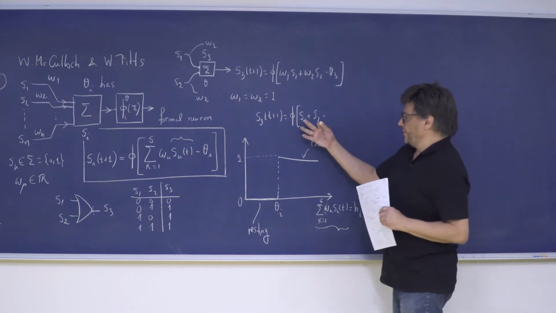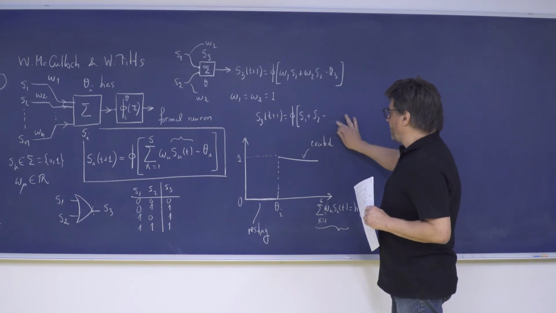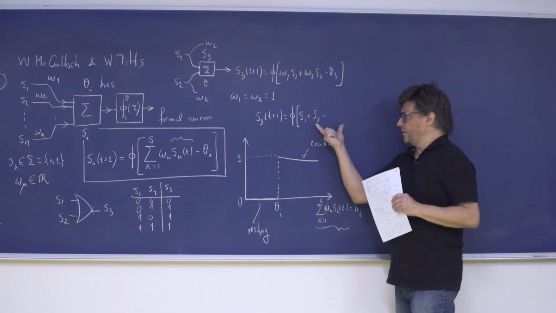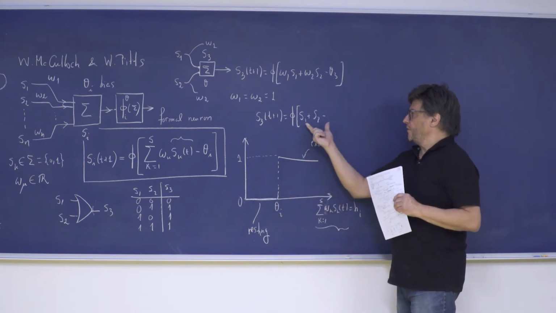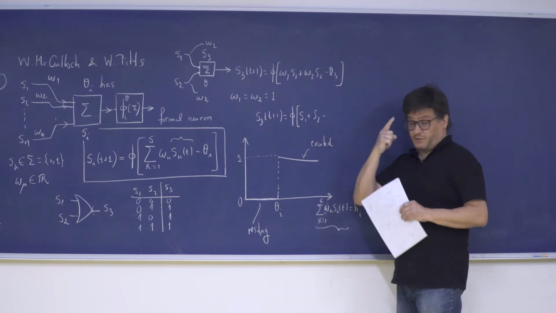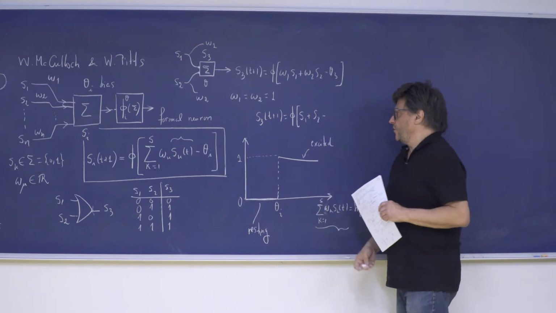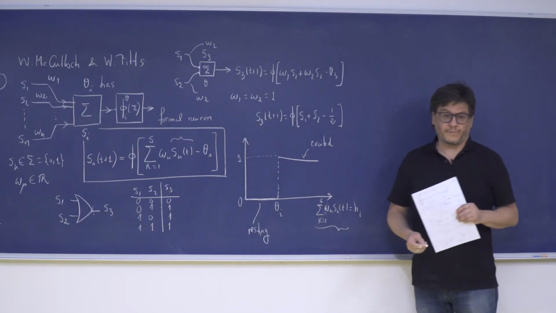So for my system, I just want this to happen in such a way that if the threshold is properly chosen, if both are 0, this is negative, I'm not activating, I'm in the 0 state. If this is larger than the threshold, at least one of them is enough to be larger than the threshold, I get excited. It's not difficult to see that if I put a 1/2 here, I have it.